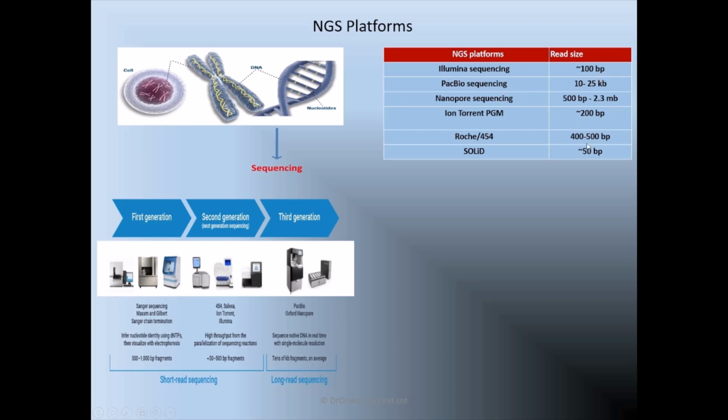If we compare, you can see nanopore sequencing has a higher read size, around 500 base pair to 2.3 MB. SOLiD provides approximately 50 base pair reads. Illumina is widely used nowadays, but previously Roche 454 and SOLiD were in use; currently, they are not commercially available for sequencing.